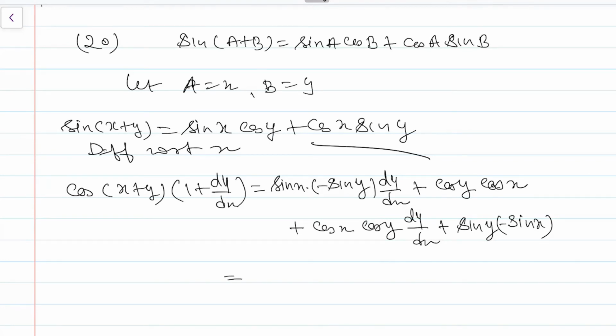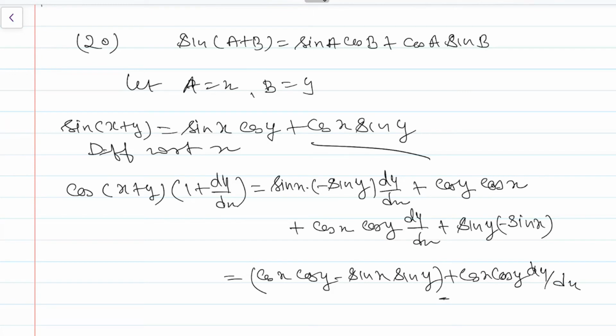So rearranging, we get cos x cos y minus sin x sin y plus cos x cos y dy over dx minus sin x sin y into dy over dx.